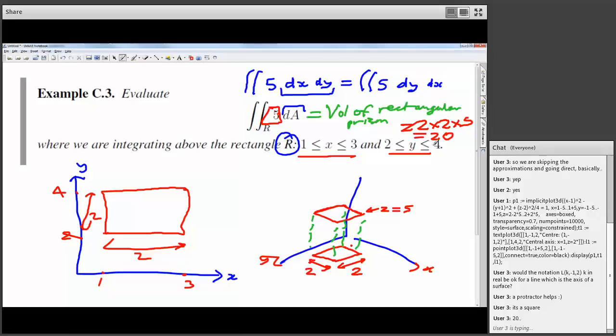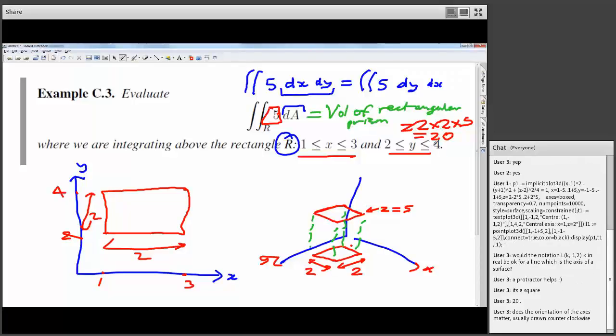And so we can evaluate this integral without necessarily any calculations. It's just about understanding what it's trying to ask. This really was just about realizing a double integral corresponds to a volume. And sometimes realizing you've got a really simple shape on your hands is the easiest way of doing it, rather than trying to do any other calculations at all.